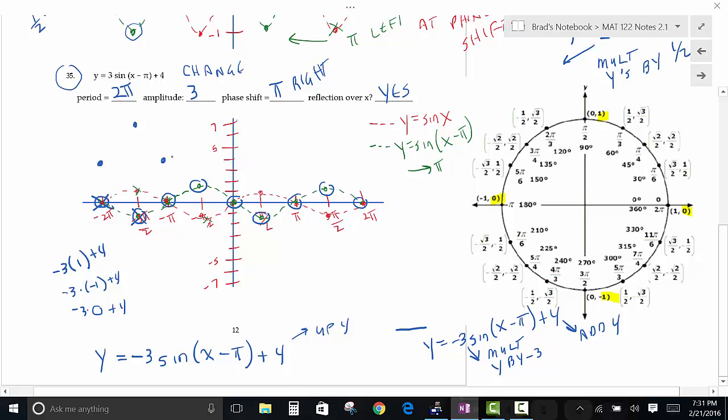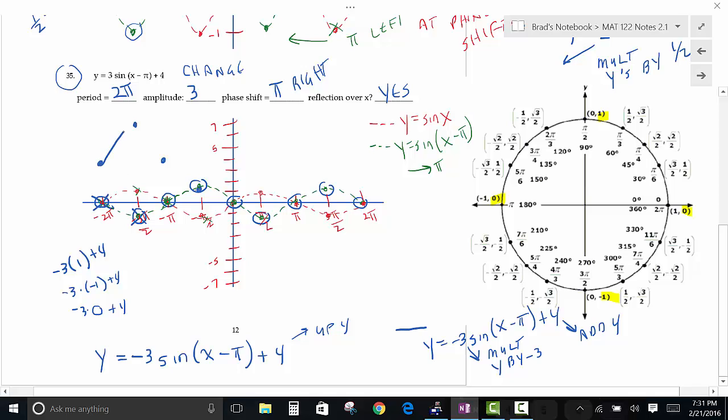Okay, so that's moving down to that point right here. So what we're doing is looking at this green graph right here. And what's really happened on this point is it's stretched to 3, but then reflected to negative 3. But when you move it up 4, it just stays at this point right here. So that's where that point goes.